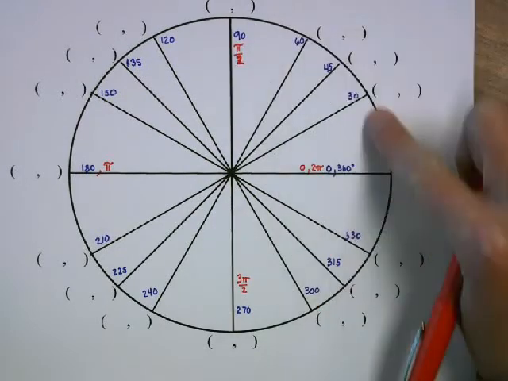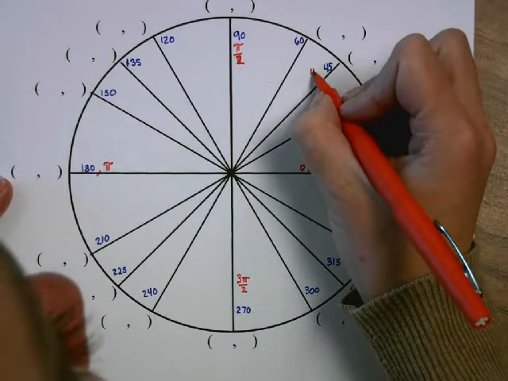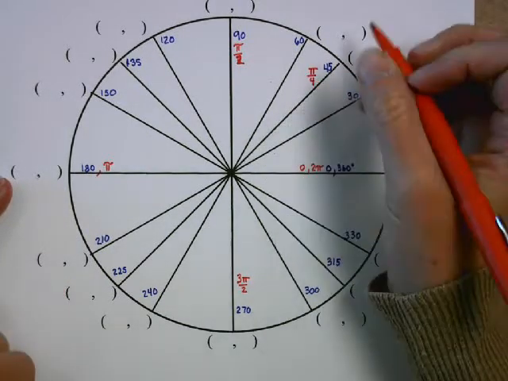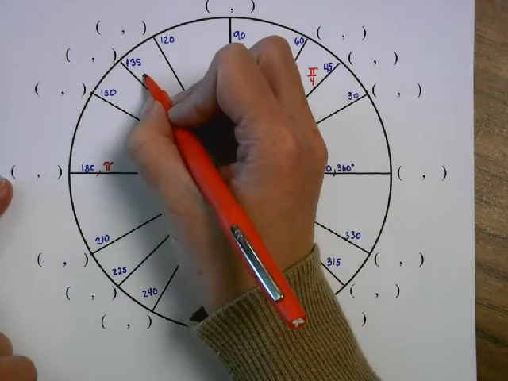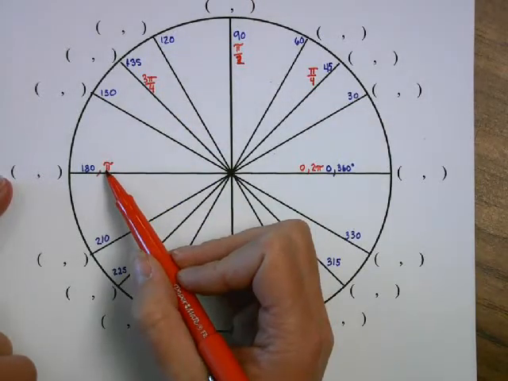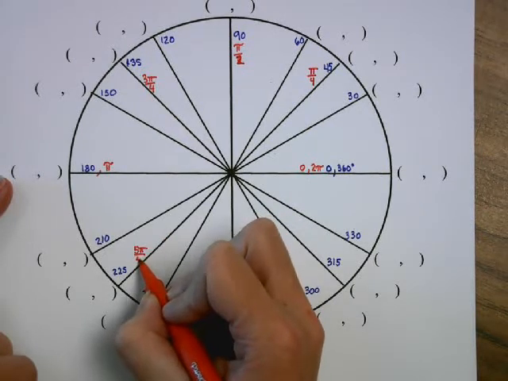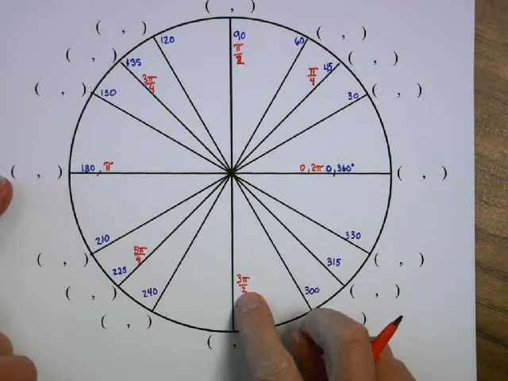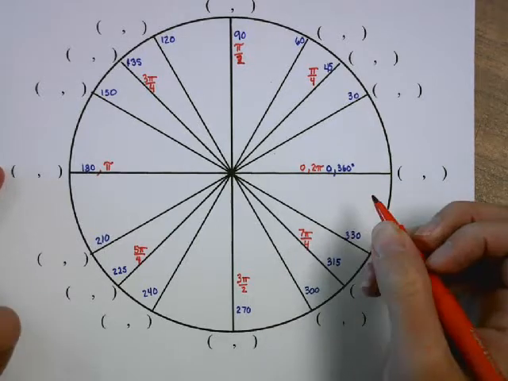So if this is half of pi over 2, that would be 1/4 pi, or pi over 4, which makes this 2 pi over 4, which makes this 3 pi over 4. This would be 4 pi over 4. This is 5 pi over 4, 6 pi over 4, 7 pi over 4.